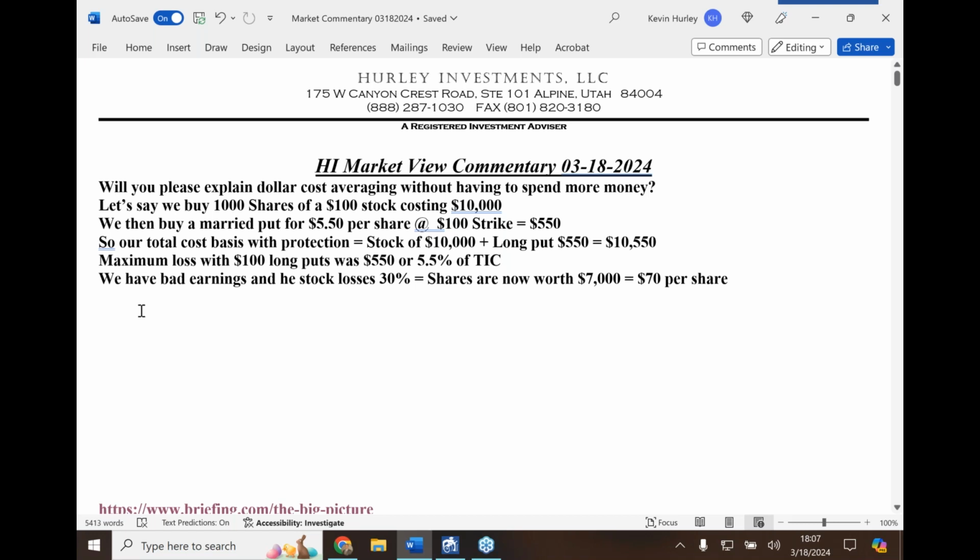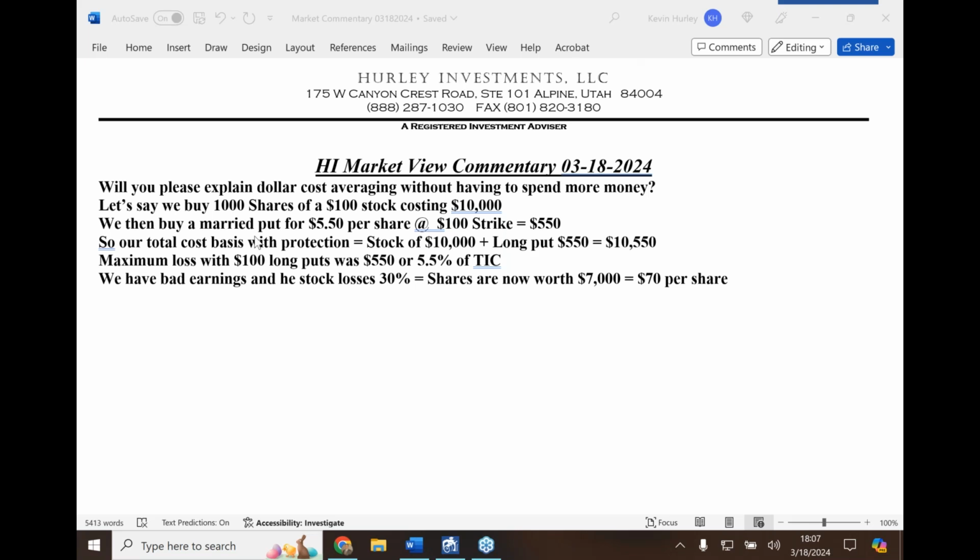So here's the math. Here's the thought process behind what we're trying to say in regards to your protection, right? Technically, we can sell the stock at what? $100.